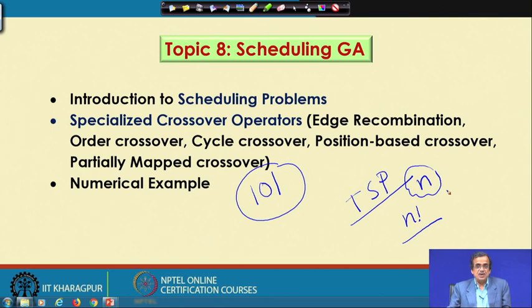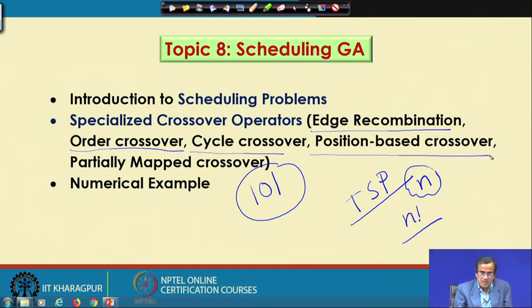So, those things are to be overcome, and that is why actually we took the help of the special type of operators like edge recombination, then comes the order crossover, then comes the cycle crossover, then position based crossover, then partially mapped crossover. Now, these crossover operators I have discussed in details with the help of some numerical example, but let me spend little bit of time on the principle just to summarize.